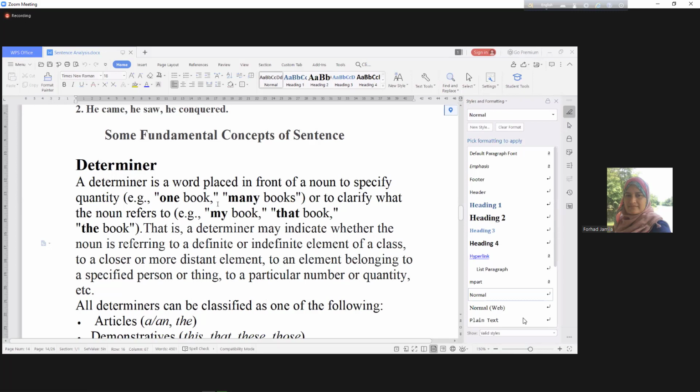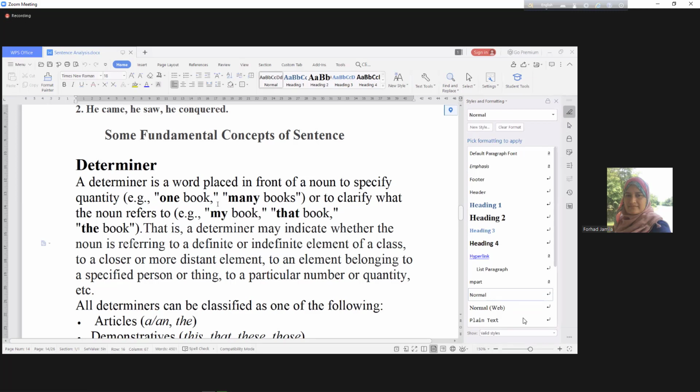There are 3 articles in English. Two are called indefinite articles, that means we use them to indicate things indefinitely. And there is only one definite article, the, that is used to mention things definitely.